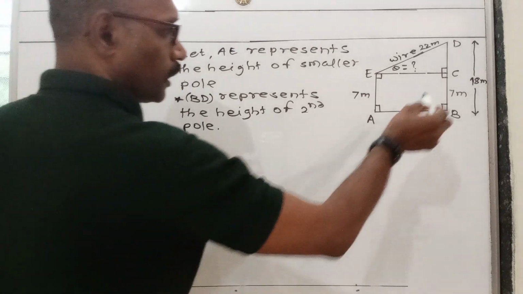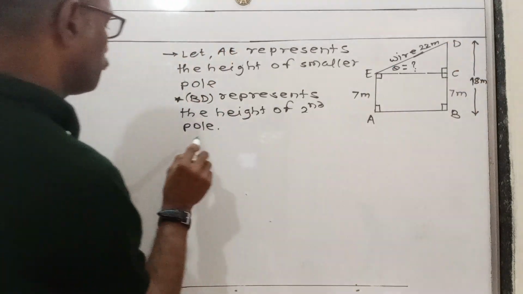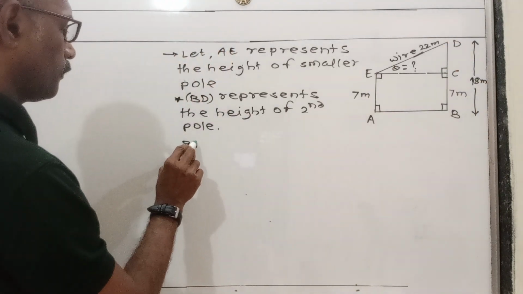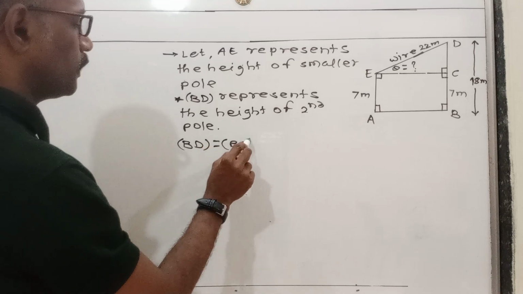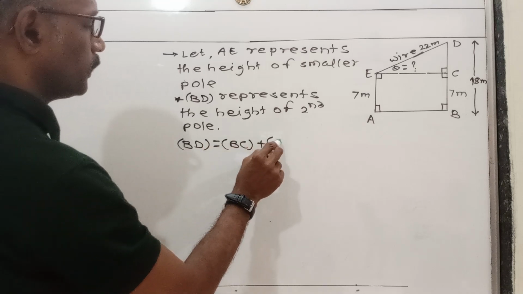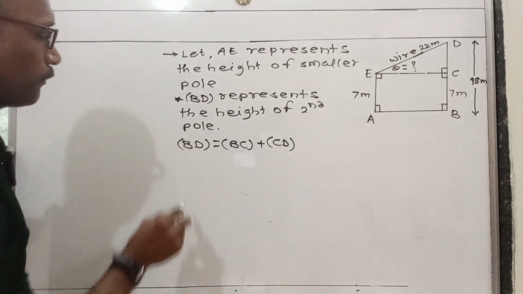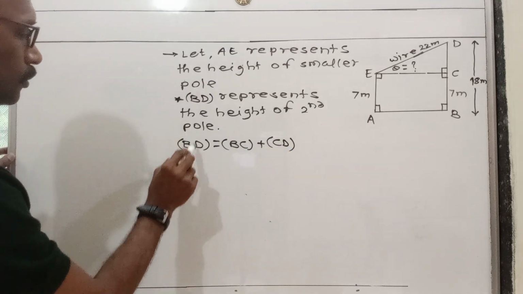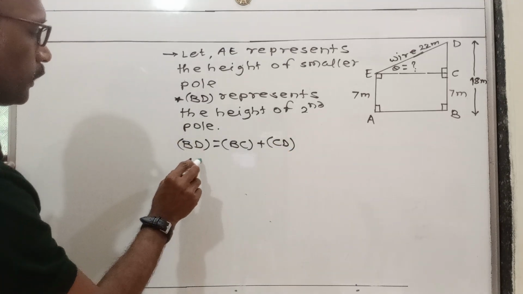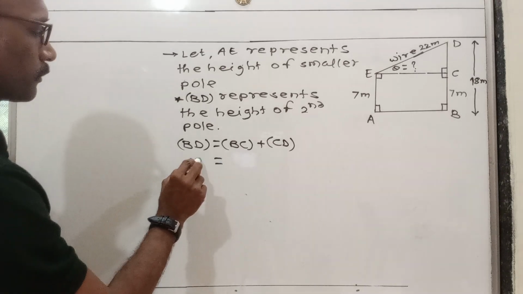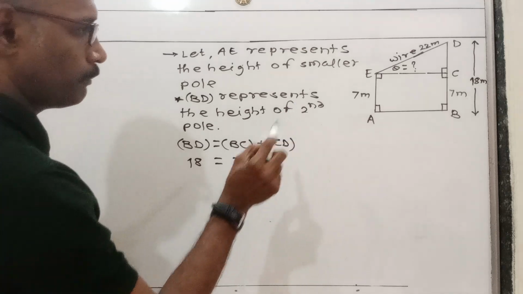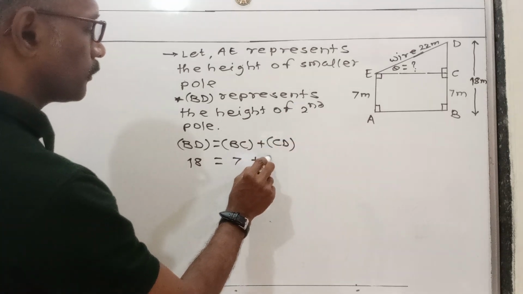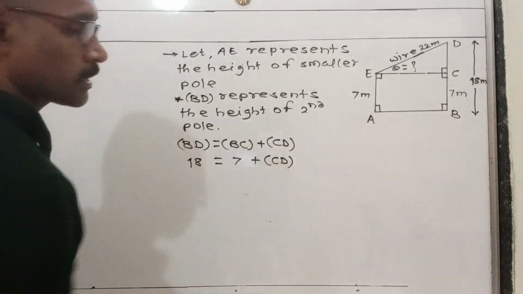Okay, now here see this BD is made from BC and CD. Now we know this BD is 18 meter. Okay, we know the value of BC is 7 meter plus CD.